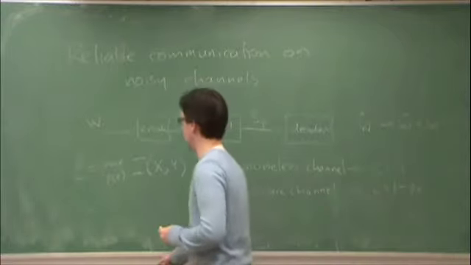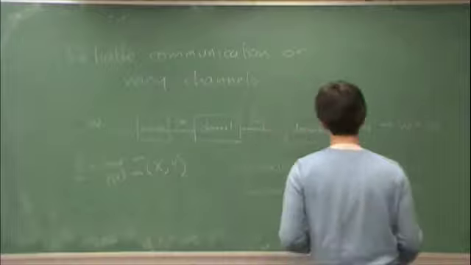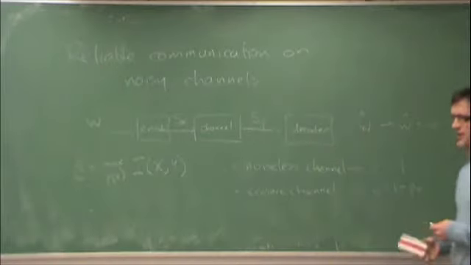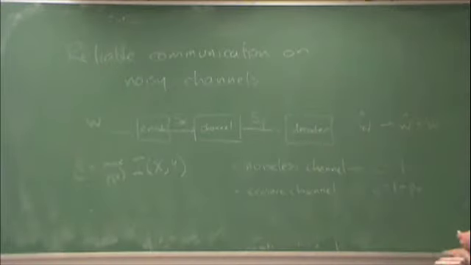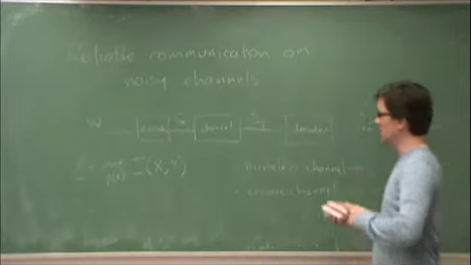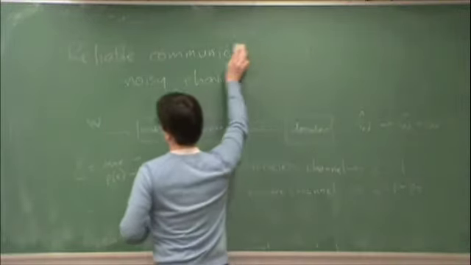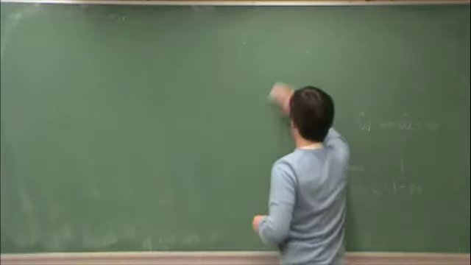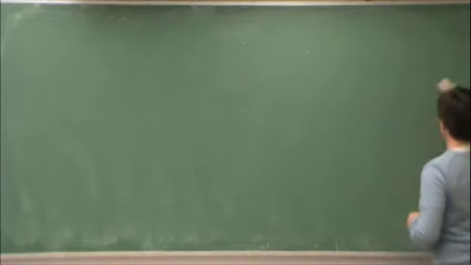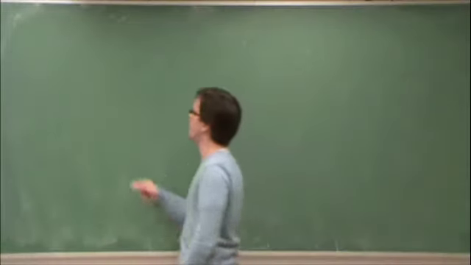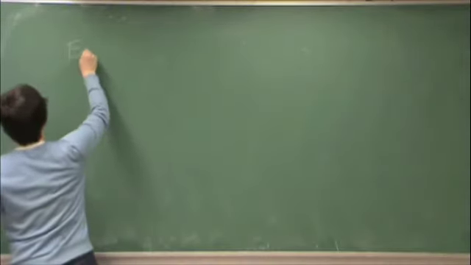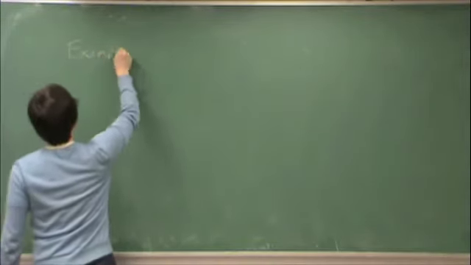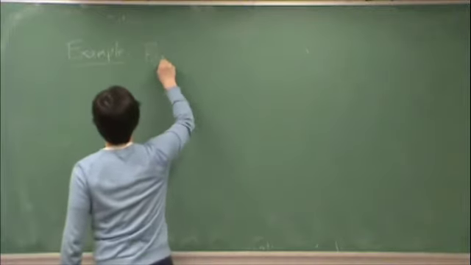Let's look at one other. The noiseless channel is trivial. The erasure channel is probably the simplest non-trivial channel. Let's look at one other very important channel, called the binary symmetric channel.